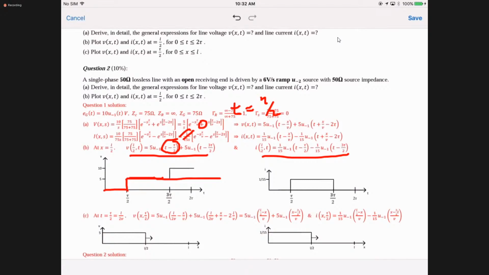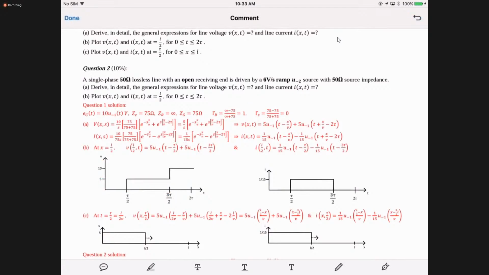Now at 3 tau divided by 2, you have a reflection. And the reflection is positive. So you add them together. Before it is 5, now you add them together, it becomes 10.